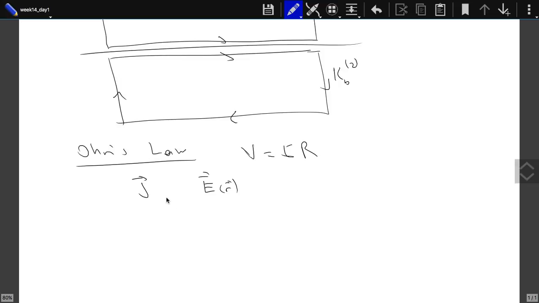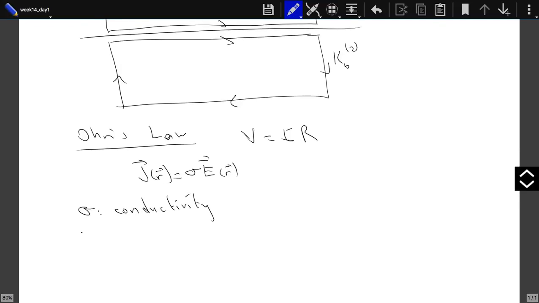You see, the current density is a local property, and it will be proportional to the electric field at that point, and the proportionality constant is what we call the conductivity, sigma. Now the inverse of the conductivity, for which we will use the symbol rho, is called the resistivity.